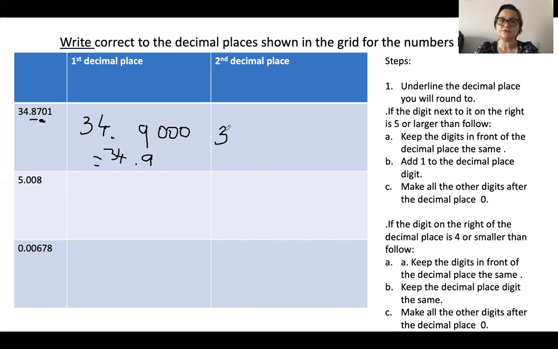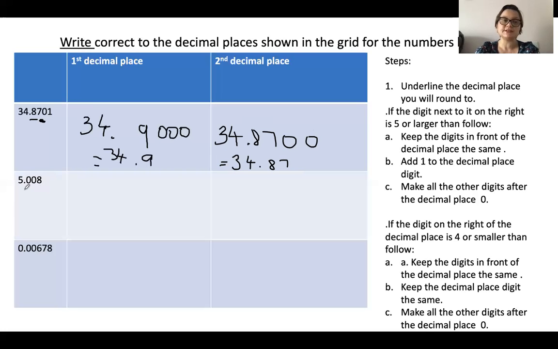So we have 34.87 and then 0, 0. Or you can simply write this number as 34.87.